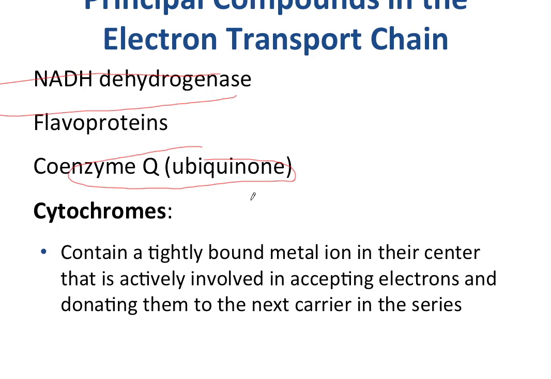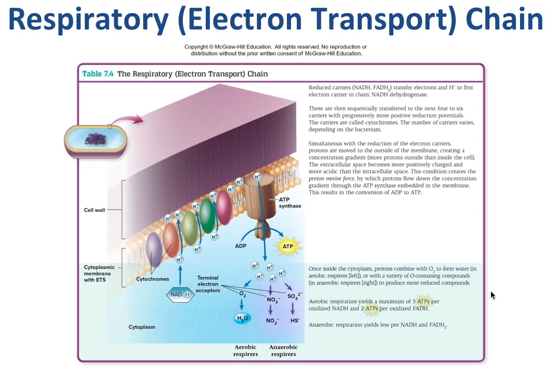Cytochromes contain metal ions such as iron, okay. So these are very important factors for the cytochrome function. So they can regulate the cytochrome to either accept or donate electrons.